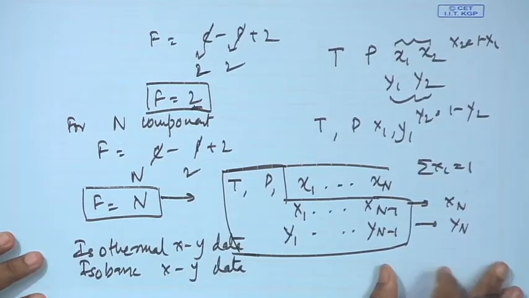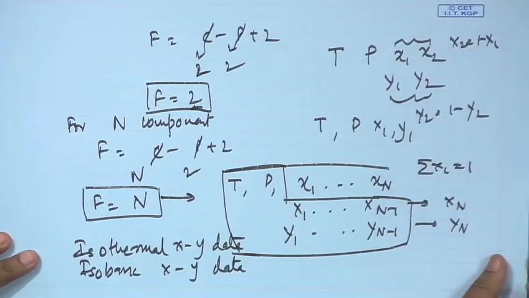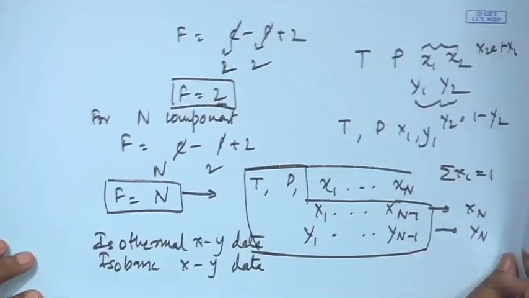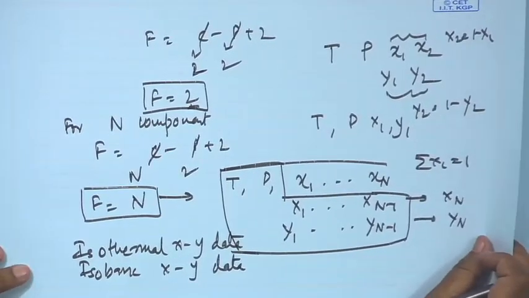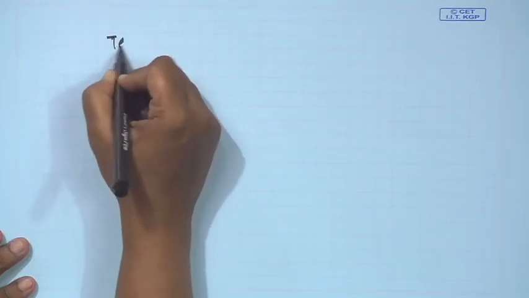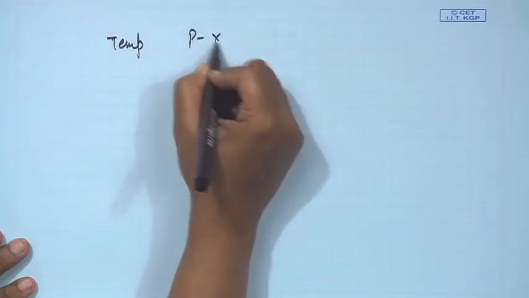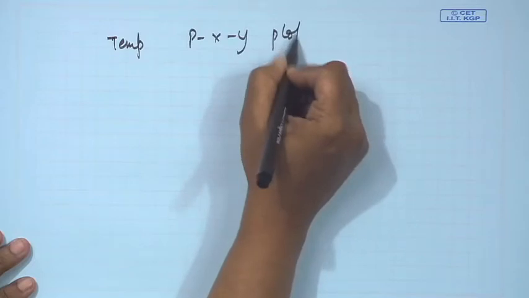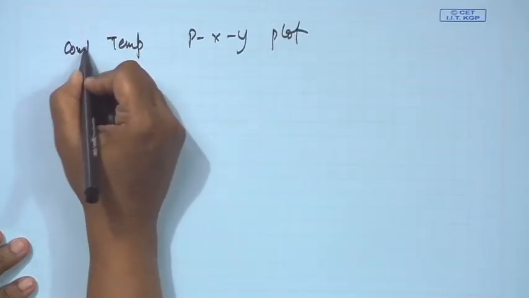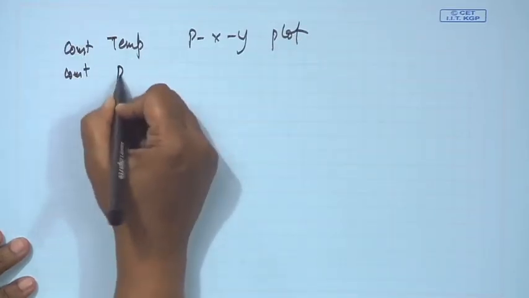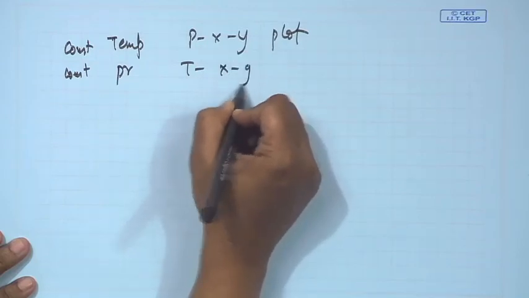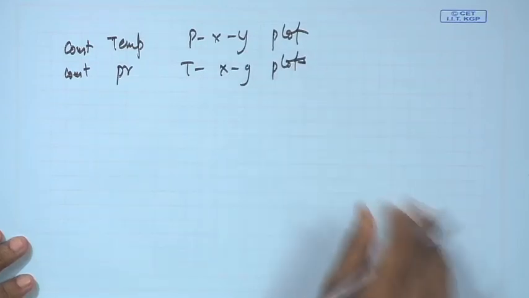And so, in the next class we are going to discuss the different phase diagrams primarily at constant temperature and constant pressure. At constant temperature we generate the Pxy plot, and at constant pressure we generate the Txy plots. We will be discussing these in the next class.